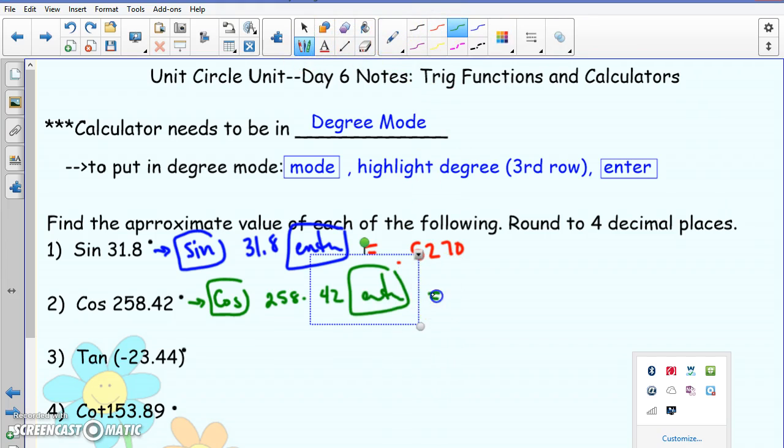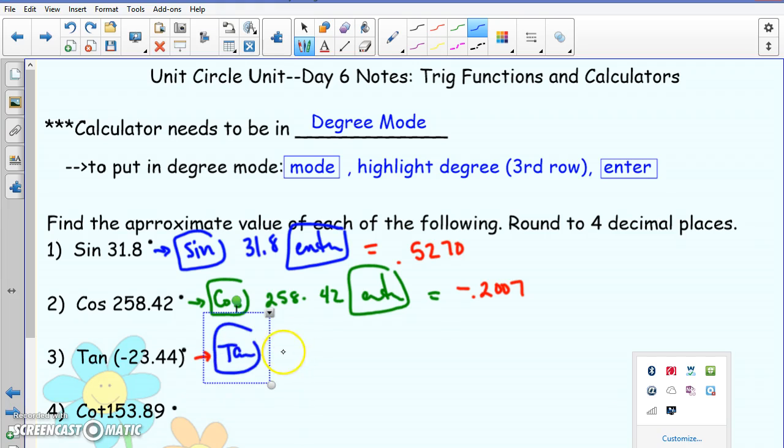This time we should come up with a negative decimal answer, negative 0.2007. And our last one, again, is one of our 3 basic ones. We hit tangent, type in negative 23.44, and hit enter.